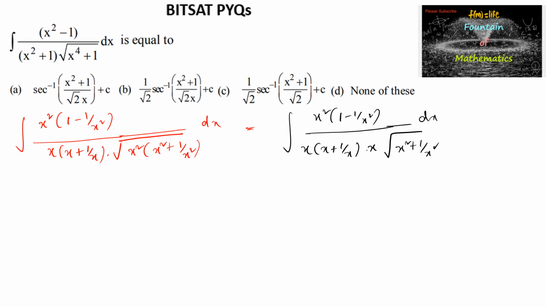So here we can cancel x square and x square in the numerator and denominator.